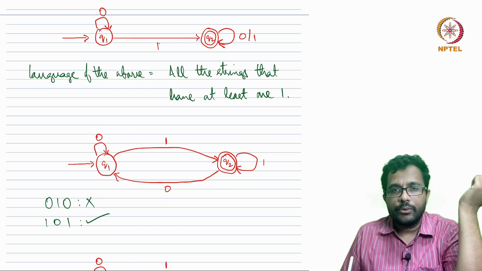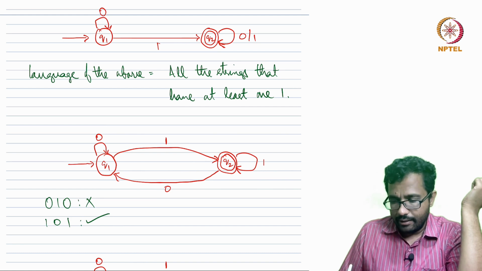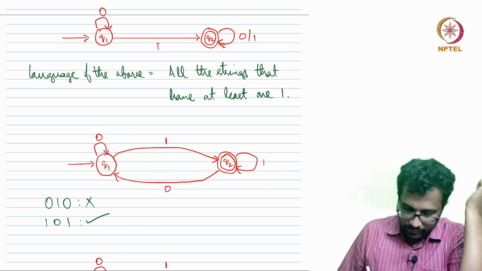And how do you end in Q2? If the last symbol is 1, right?